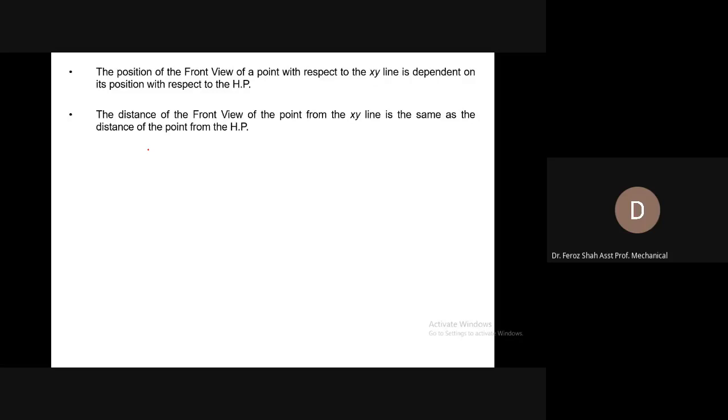In continuation to our previous lecture that we had studied, the position of the front view of a point with respect to the xy line is dependent on its position with respect to the HP. So we have seen that the position of the front view is dependent on its position with the horizontal plane.